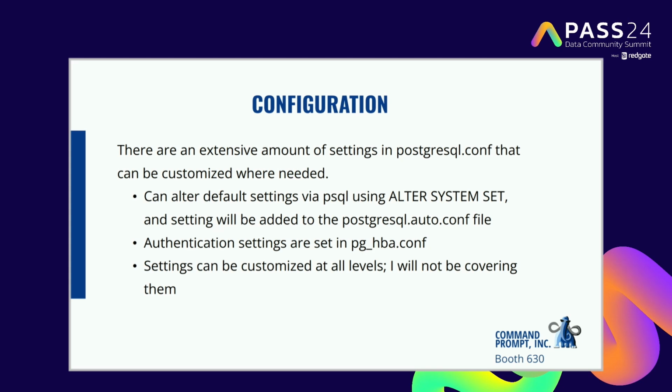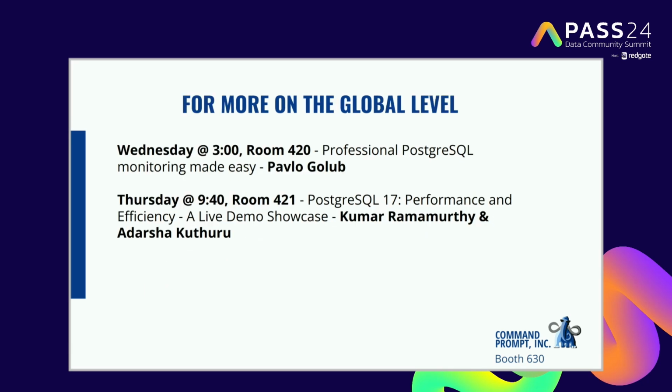Then you can specify your authentication settings in pg_hba.conf. A lot of these settings are customizable at many different levels. I include them at the global level because it really just spans downward. If you are interested in more aspects of the global level that we probably didn't touch on today, there are these presentations that can give you some more information.